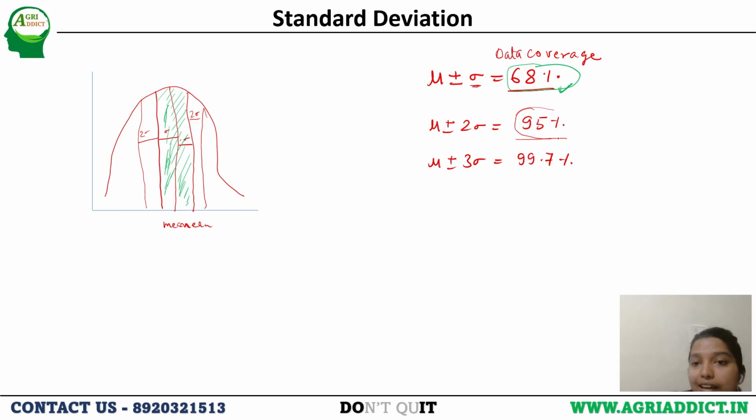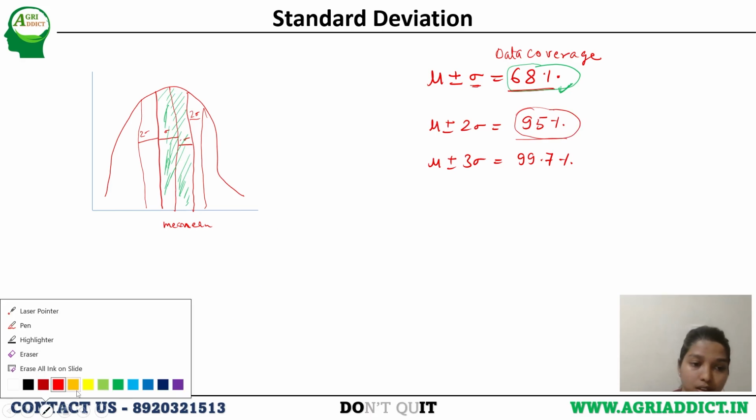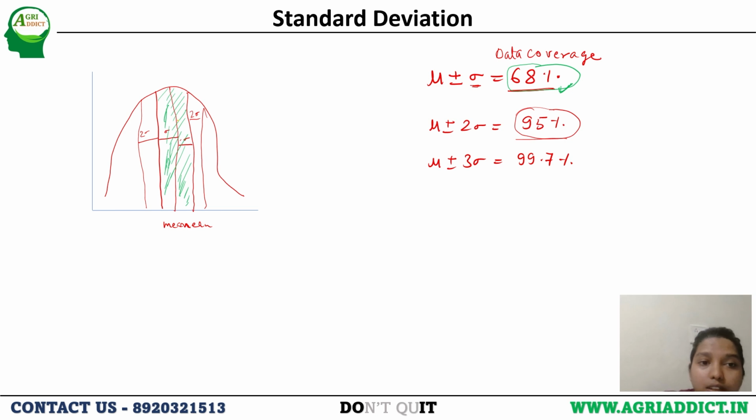So it will cover 95% data. Let me change the color of pen. You can see the data coverage increased. So how many percentage of data is getting covered? 95% of data will lie between these two lines.